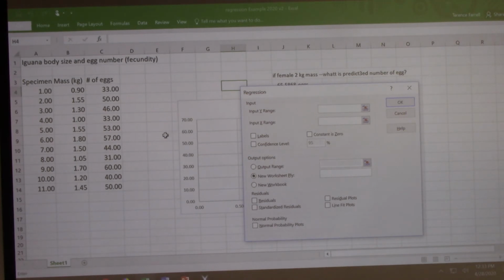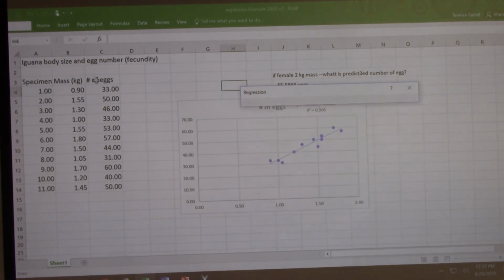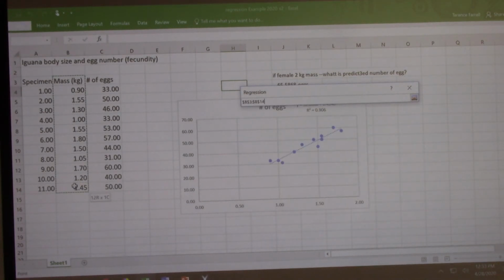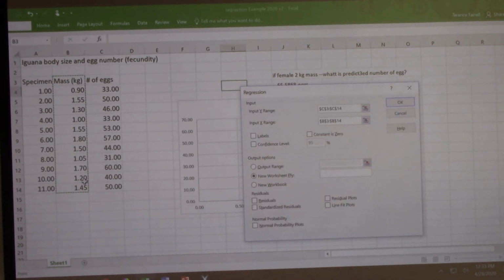The menu wants to know what your input range is, and so your input Y range is going to be number of eggs. That is our dependent variable. X, the independent variable, is body mass in kilograms. I included labels when I grabbed those data. And I'm just going to say, put this on a new worksheet page.